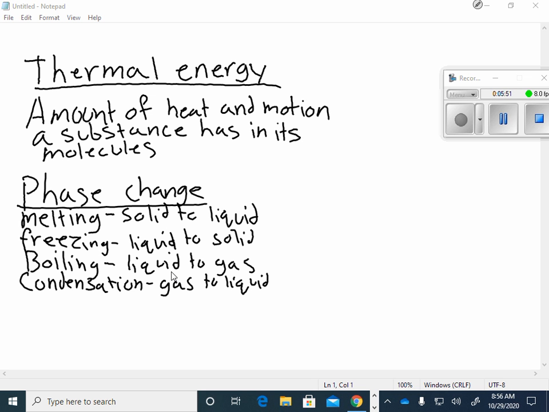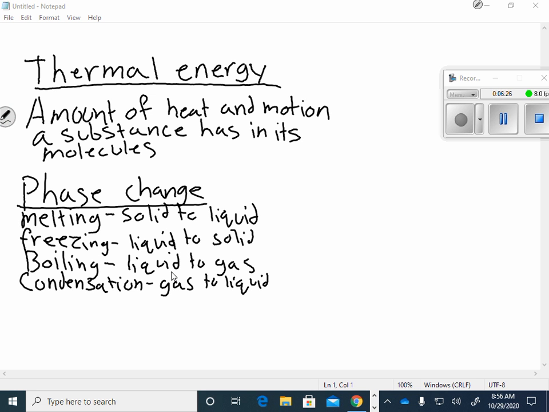You also may see it if you're ever at a restaurant and they give you a glass full of ice, and over time lots of water gets on the sides, and that's why they usually put it on a coaster or on a napkin to catch all that water. That's the air in the room losing its thermal energy and becoming a liquid on your glass. And so that's another example of condensation happening.